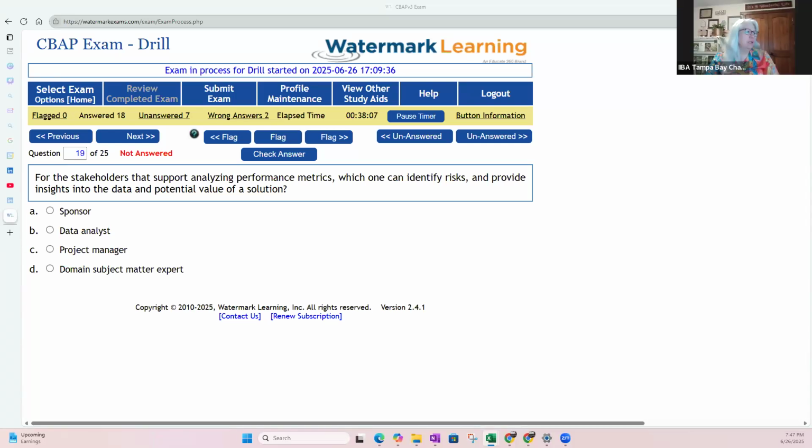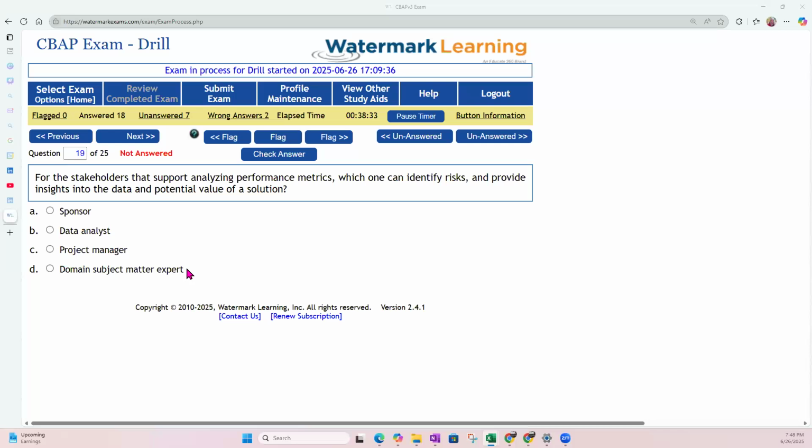In which knowledge area? Analyze performance measures, right? Yes. So that's in solution evaluation, analyze performance measures. We're analyzing the metrics. And so which one can provide the risks and provide insights into the data and potential value of the solution? Would it be the sponsor, data analyst, project manager, or domain subject matter expert?